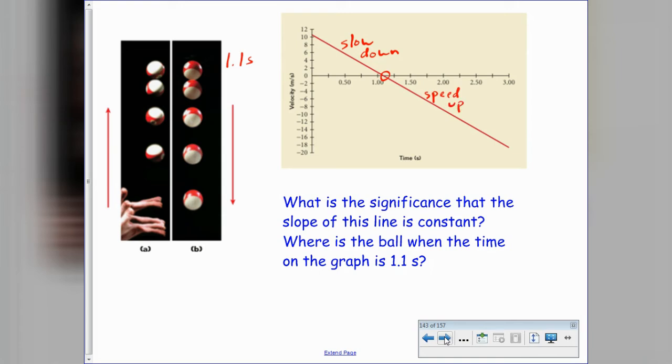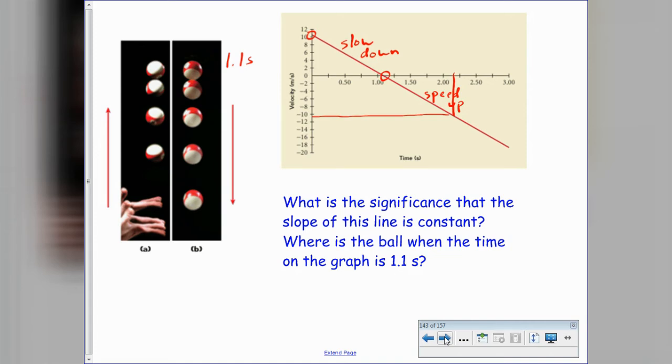Another thing I can illustrate is something that I showed you in the last slide. Its speed should be the same. So if you toss the ball at, let's say, 11 meters per second in the positive direction, and it took 1.1 seconds to get to the top of its motion, it takes 2.2 seconds to get right back down to the same spot. If I follow that across, I can see that's at about negative 11 meters per second.